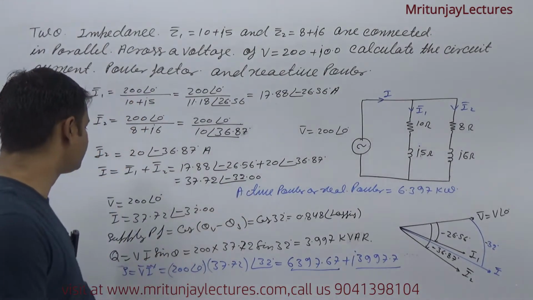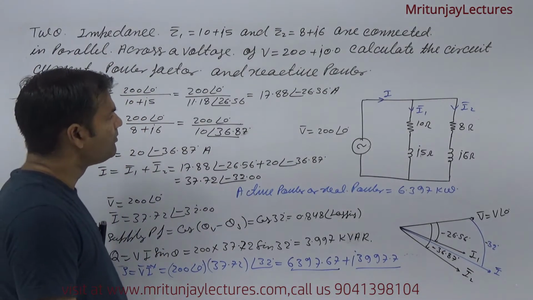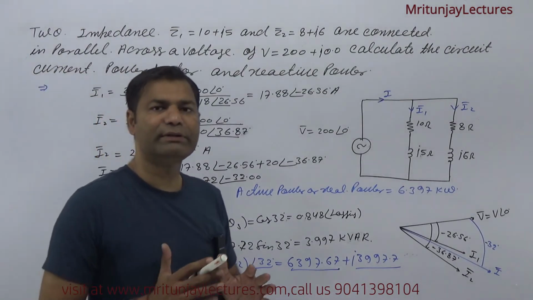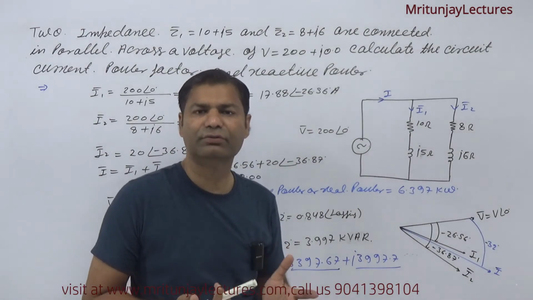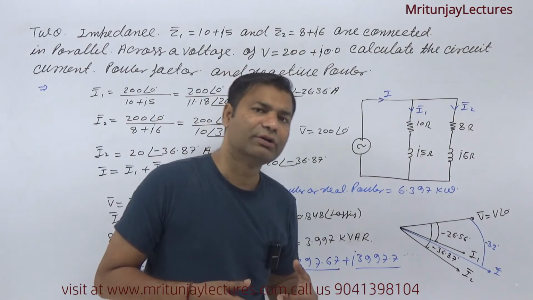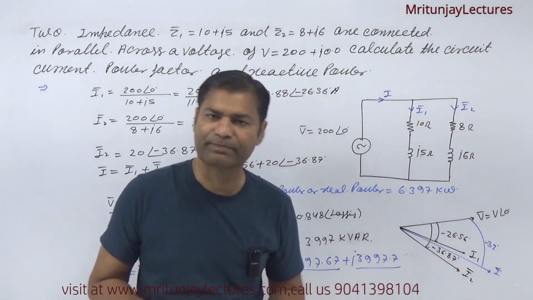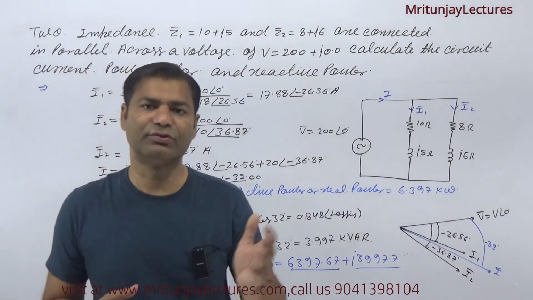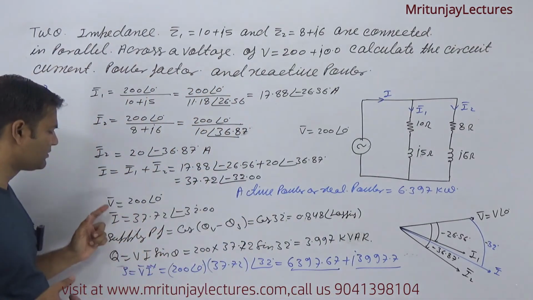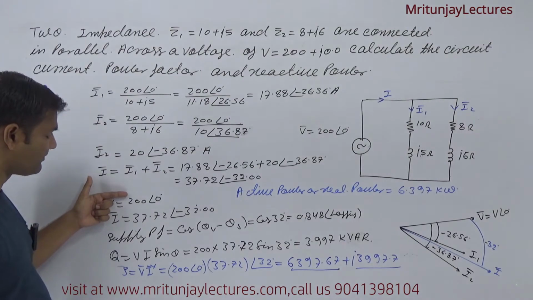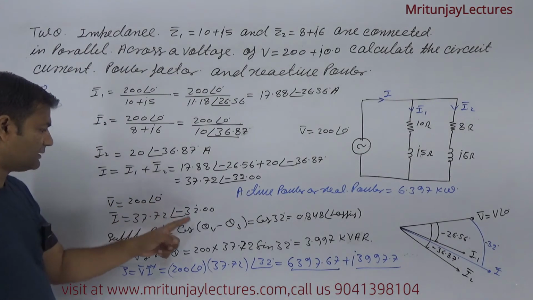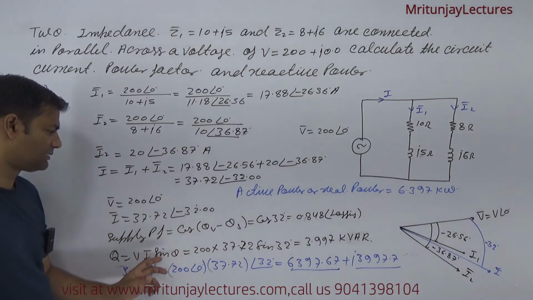Now the next target is the power factor. Power factor means the angle between supply voltage and current. If you want the supply power factor, then use supply voltage and supply current. If you want the receiving-end power factor, then use receiving-end voltage and receiving-end current. So our motto is to determine the angle between supply voltage and current: theta Vs minus theta Is.